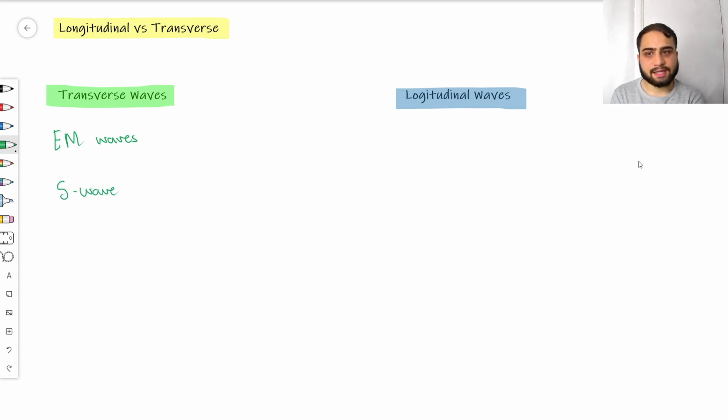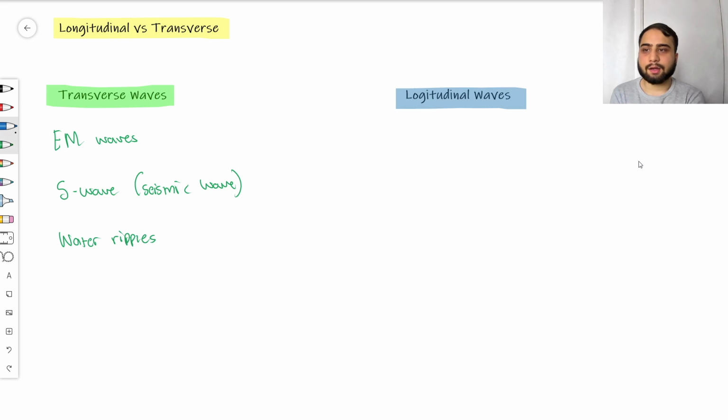S stands for secondary, and this is a type of seismic wave, so these are waves that travel through the Earth. The way you remember an S wave is transverse is that transverse has an S in it, whereas longitudinal doesn't. So you remember that S waves are always transverse. Another example is water ripples, and this will often be demonstrated to you in a practical in your school.